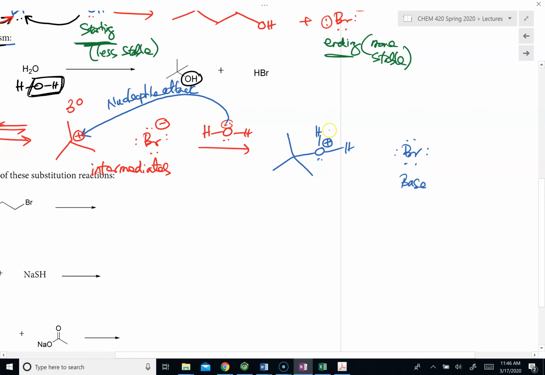The reason why is because this proton over here is now an acidic proton. And because it is an acidic proton, its pKa is about -2 to -3, so it is somewhat acidic. Therefore, it allows the bromide to come in, acting as a base, and doing the proton transfer. So this is the proton transfer step right here.